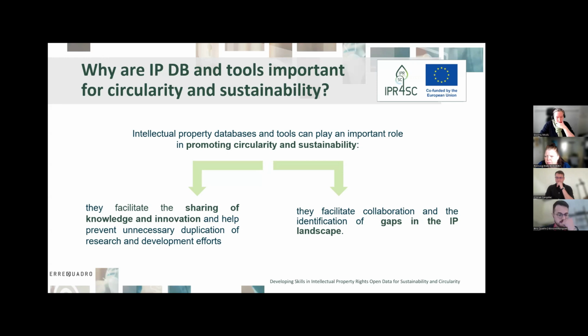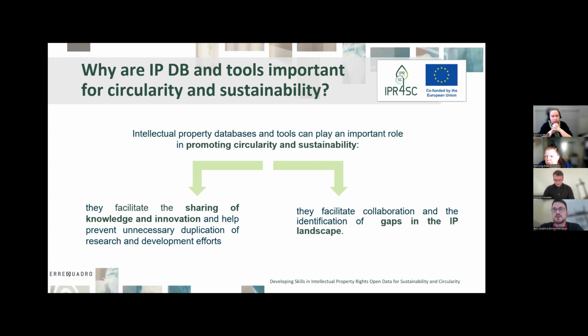In this case, one of the very first assumptions that we can make is that there's not much difference between these domains, circularity and sustainability, and every other industrial or technological domain. So in essence, intellectual property can very much facilitate the sharing of knowledge and innovation, and can highlight the gaps in the intellectual property landscapes.